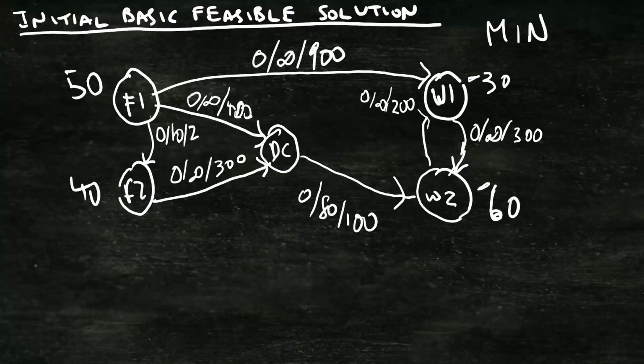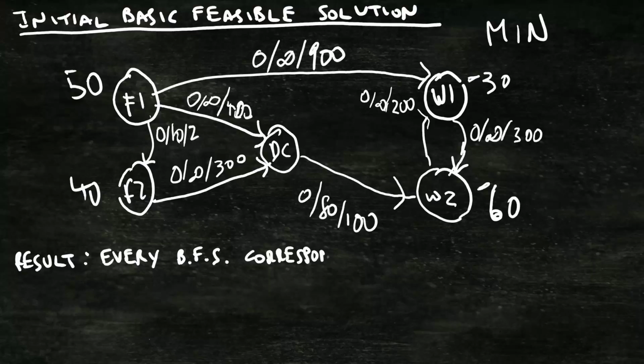We have a result, which is not in the prerequisites, I'm introducing it now, that every basic feasible solution corresponds to a spanning tree of the network.